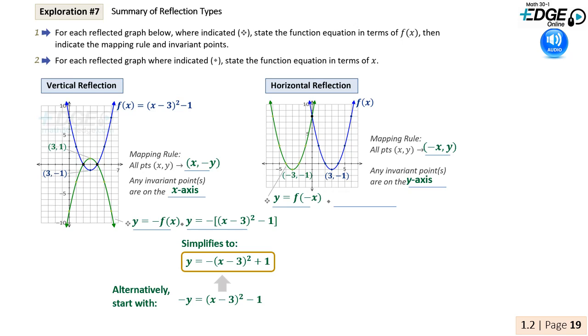We write this in terms of f of x by putting the negative sign inside the bracket with the x. Again, it is the x-coordinate being changed, not the y-coordinate. In this case, because we're writing this in vertex form, we'll show this transformation by simply replacing the x with a negative x. But the next step can fool people a little bit.